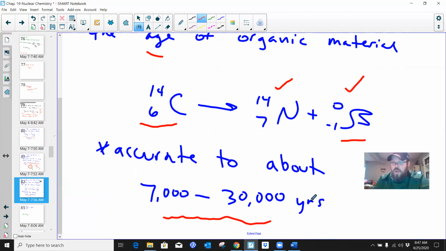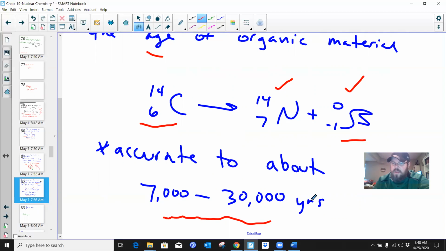Now you might ask, well, how do they know the age of cephalopods that existed 550 million years ago? How do they know the age at which those fossils or those materials existed? Well, you can use different radioactive isotopes. One that's commonly used is potassium, different radioactive isotopes of potassium.